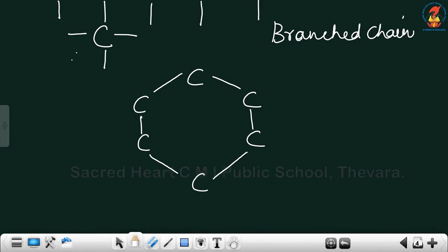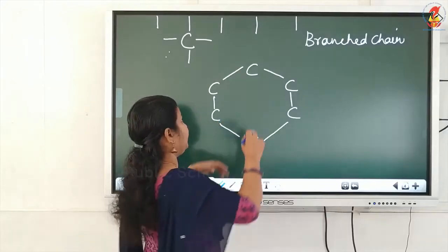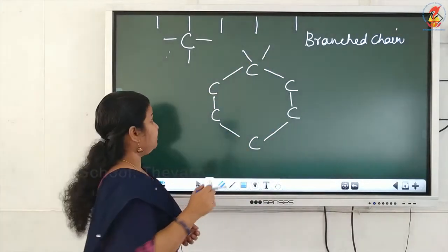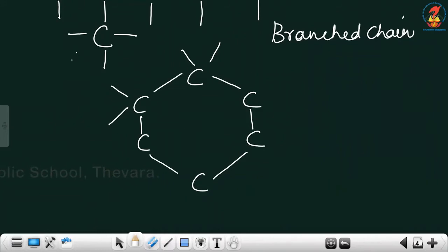Now look at the valencies of each carbon. First carbon has 2 valencies already satisfied, 2 more valencies are free. Draw the 2 valencies. Here also 2 valencies are free. Everywhere, all the carbon atoms have 2 valencies satisfied and 2 free valencies you have to represent.